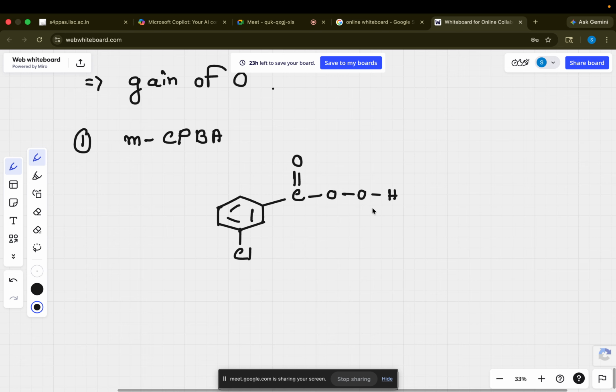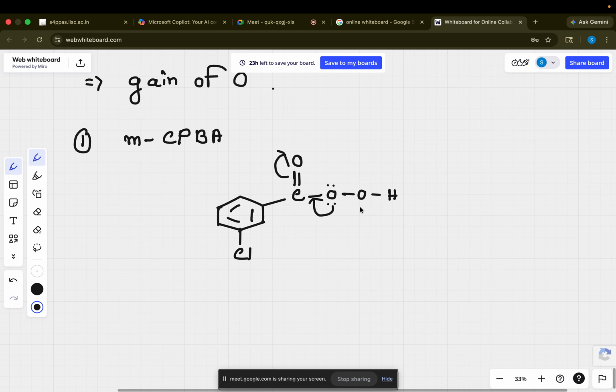Now if you see here, in the peroxy bond you have two oxygens, so lone pair repulsion will be there. One oxygen is in conjugation with the carbonyl group, but the other oxygen is not in conjugation, so it will feel only repulsion.